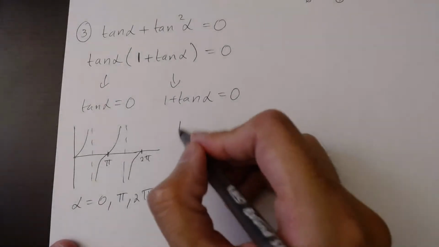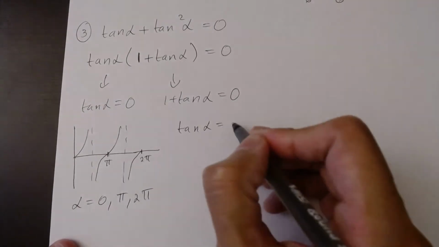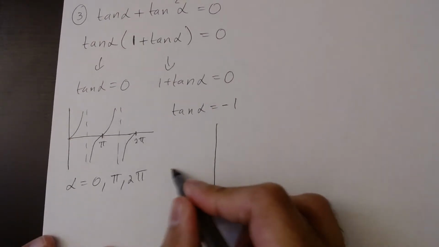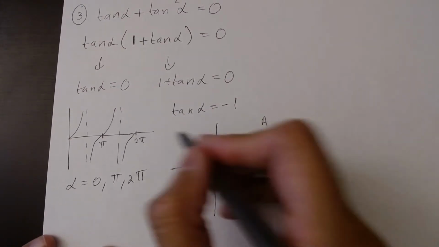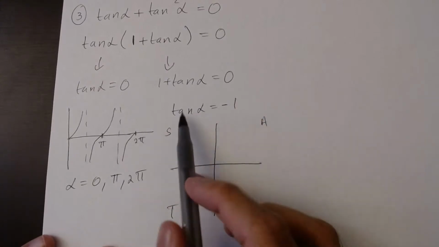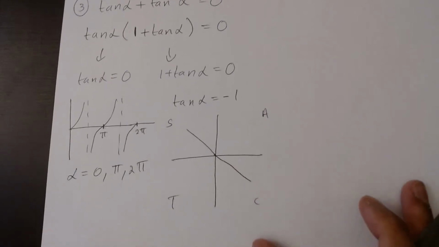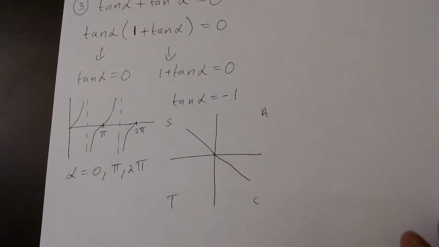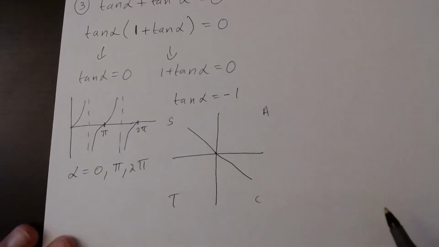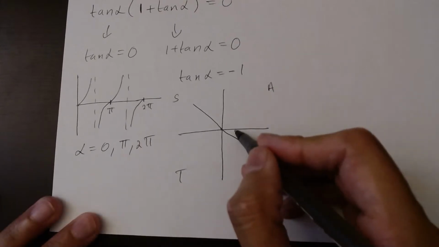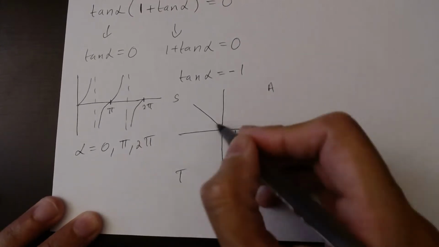Over here, I'll isolate my tan alpha. So tan alpha equals -1. I'll use my CAST rule here now. So tan is negative in these two quadrants. And now I'll do the tan inverse of -1, which is basically giving me an acute angle of pi over 4.